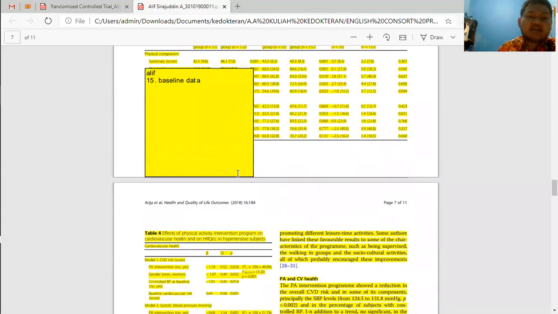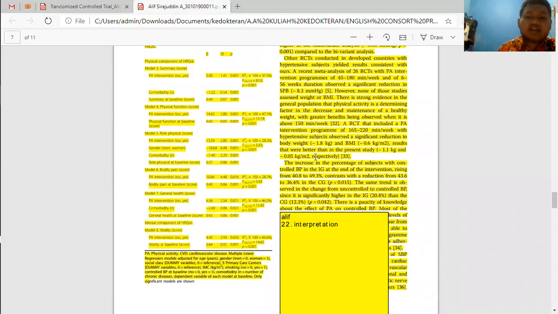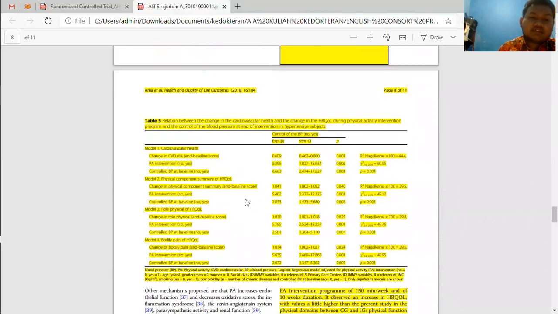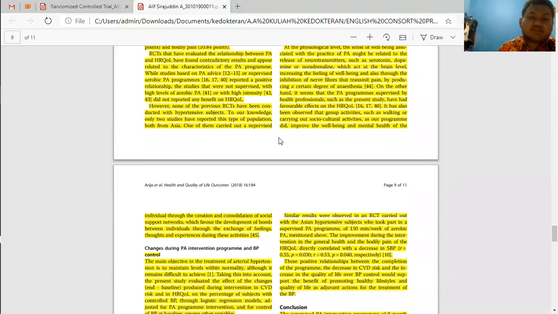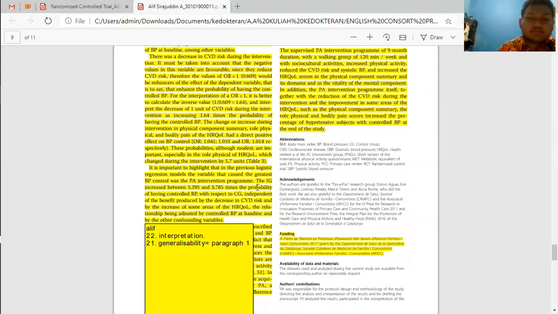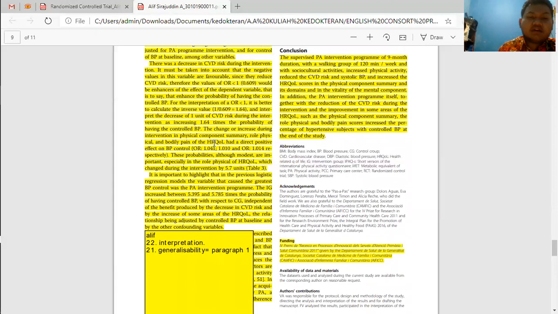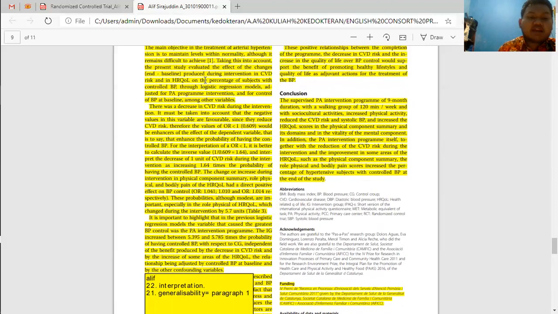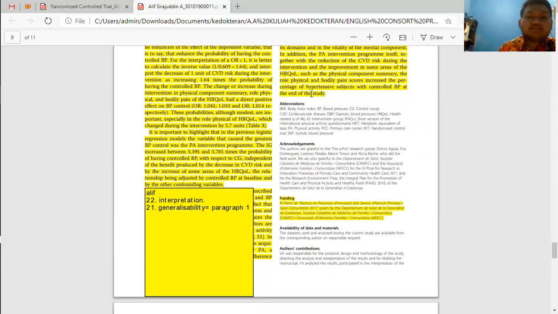Again, it's about the baseline data, and then there is interpretation. Item number 22 is about interpretation consistent with the results, balancing benefits and harms. And this is the conclusion. Here it includes two items, 22 and 21. Especially 21 is about generalizability in the first paragraph, and then the other one is interpretation.